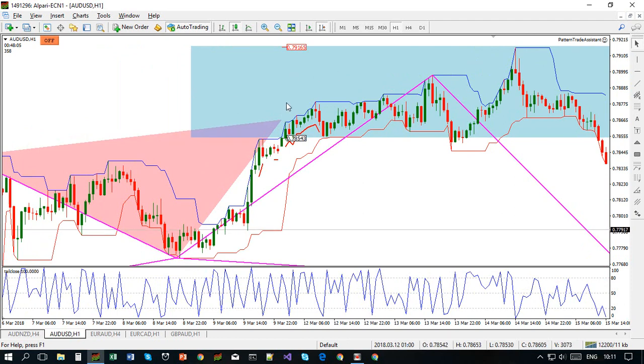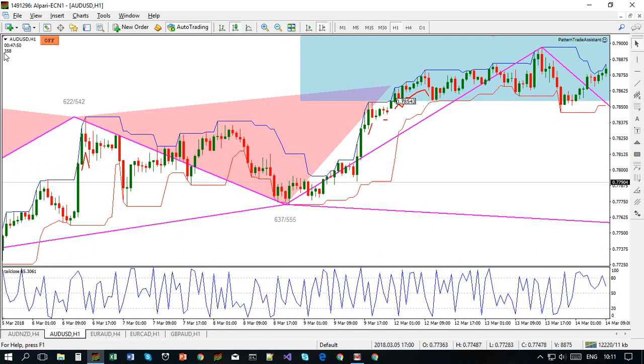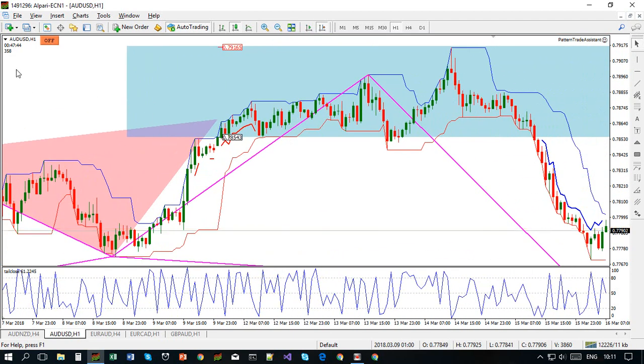As I'm not going to use this take profit method in this approach that I'm demonstrating to you right now, the take profit doesn't matter, and I only use this number to choose the correct time frame, the time frame that fits this pattern best. That's why I switched to 1 hour.